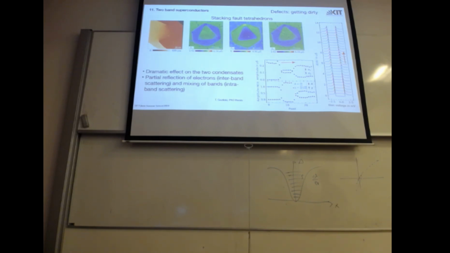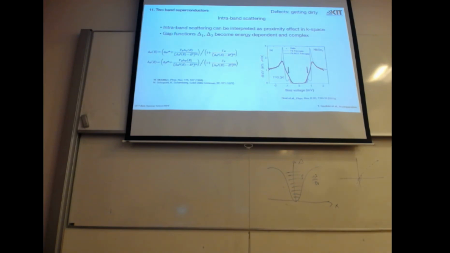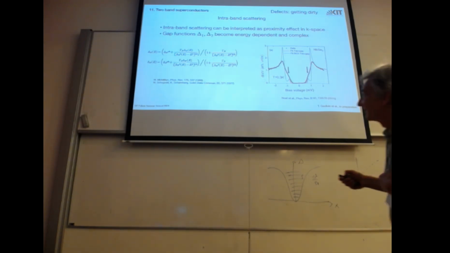What happens here is this defect makes interband scattering. So now the eigenstates, Bloch states, of course, are the FCC crystal, and then we have this stacking fault. And that means the two bands will mix at that point. We have interband scattering. This is quite complicated, so I will be quick.